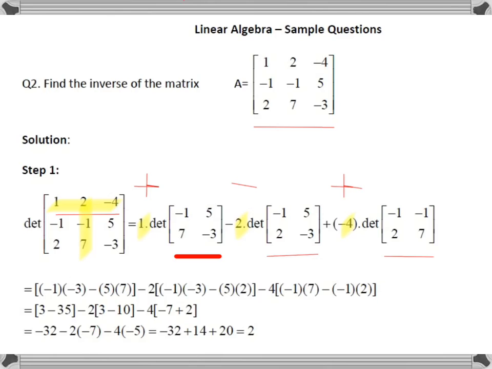If you follow, it's -1 by -3, and then you go 5 by 7. So you go up for the 5 here, and you go down for the 7. So it's a kind of a crossover pattern. -1 by -3, take away 5 by 7, and you see that done out here.